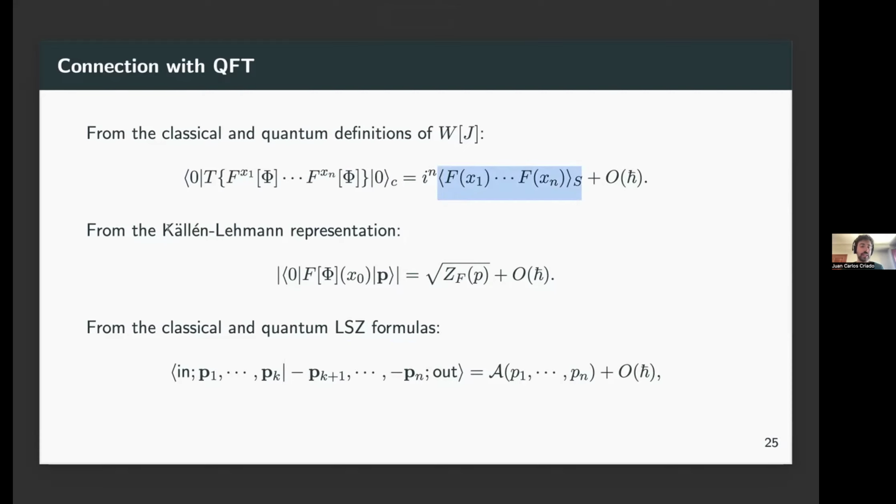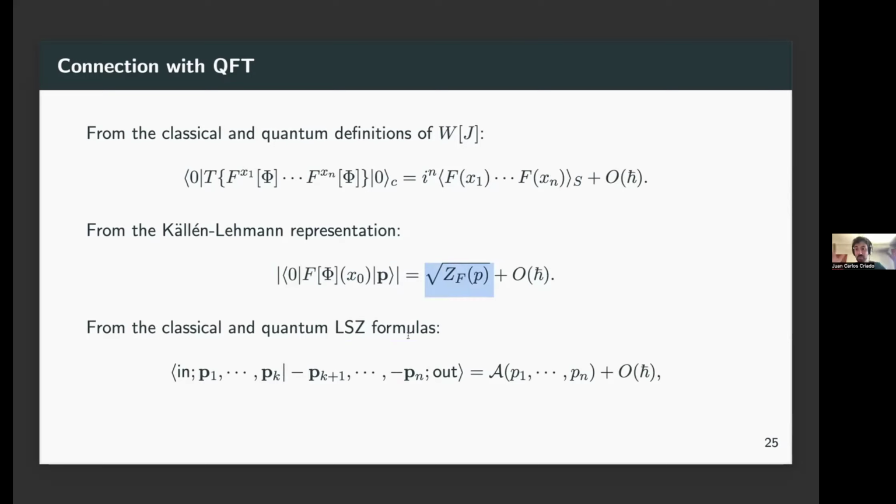And then from the Källén-Lehmann representation, and from one of the two theorems I've shown, you can derive that this overlap of one-particle states with the states created by the new field is the normalization factor that you have in here. So that relates interpolating fields in the classical and the quantum sense.